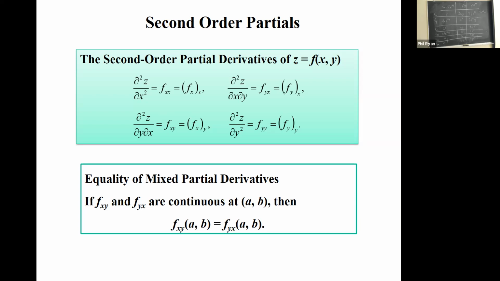So 2 times 2 is 4. And you see that goes up ridiculously fast, right? So if you had 3 inputs, then there'd be 9 different. So that's why we don't bother with that. But the nice thing is we've got this equality of mixed partial derivatives, which quite often makes life easier for you.